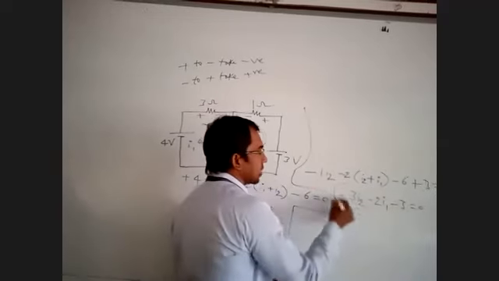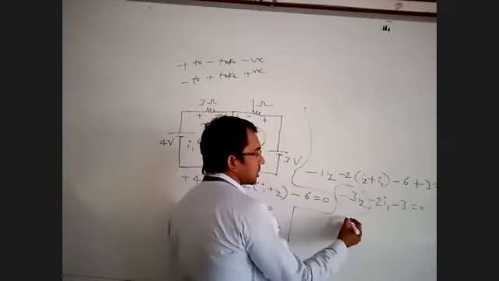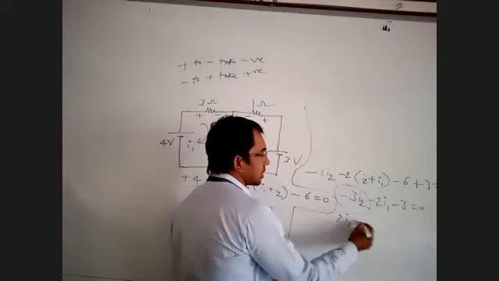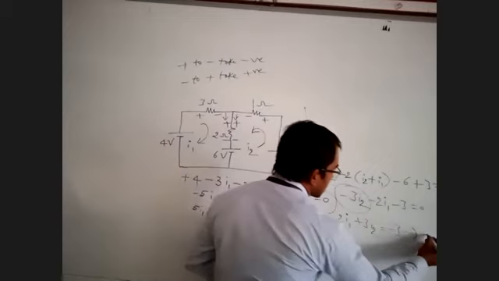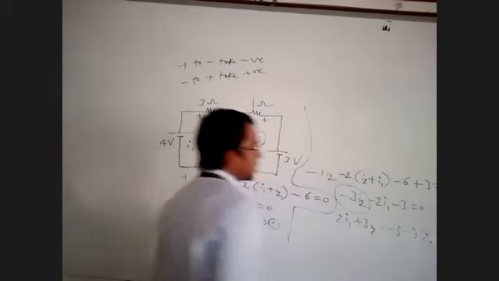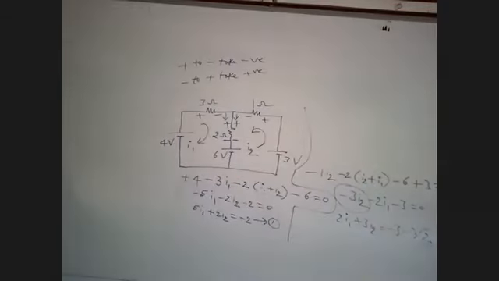Here in the second loop, make I2 positive. That is 2 I1 plus 3 I2 is equal to 3. Let it be equation 2. Now solve these two equations and tell me I1 and I2.